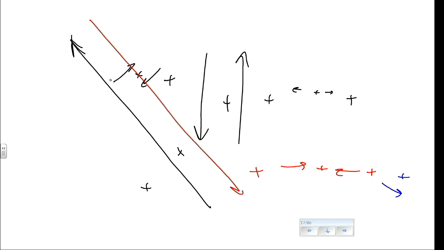This, plus this, etc., billions and billions of billions of billions of vectors like that. The result will be equal to what? Zero.